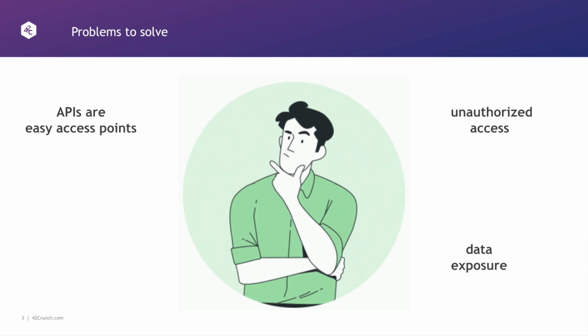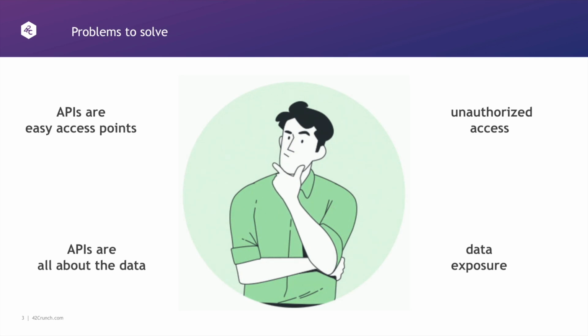So APIs are a really attractive target for hackers, and again, they're very easy to access. And then the other point is that APIs are all about the data exchange. So they're very rich in the amount of data that's sent to and from APIs, and they facilitate that access to valuable private data that hackers are often targeting.